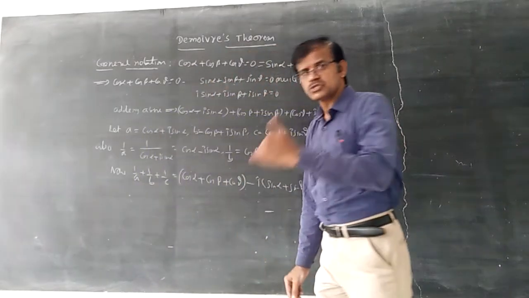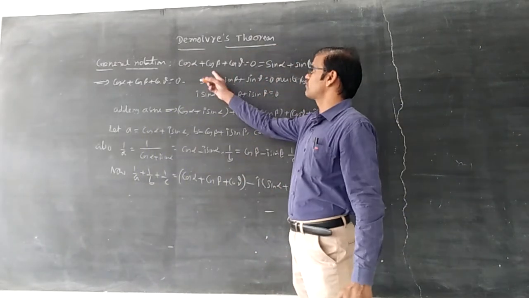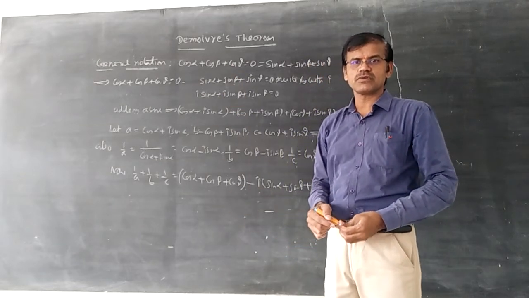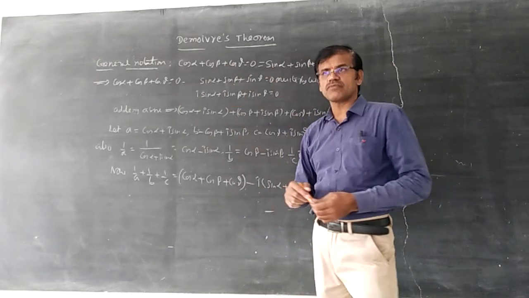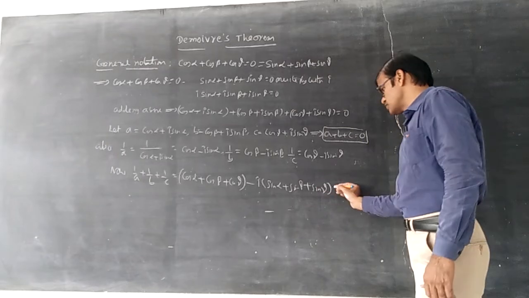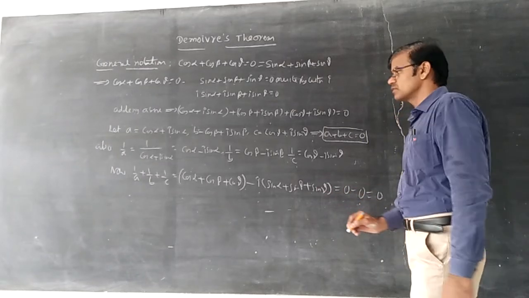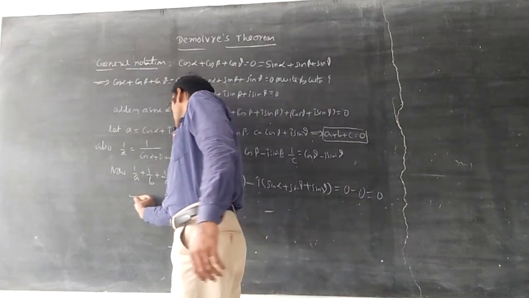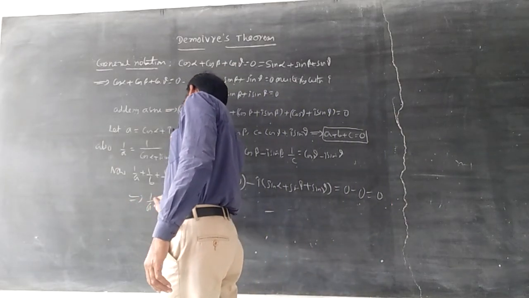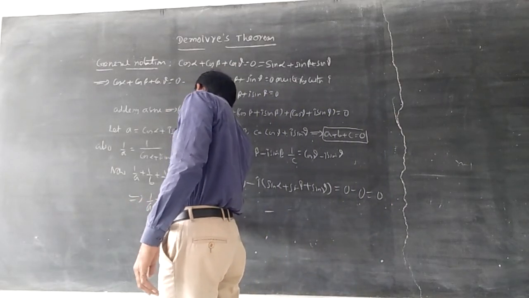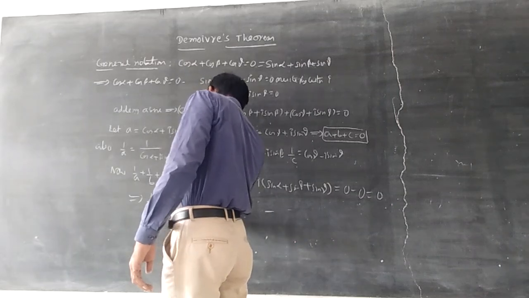By the general notation, cos alpha plus cos beta plus cos gamma equal to 0 and sin alpha plus sin beta plus sin gamma equal to 0, so it becomes 0 minus 0, which is 0. So 1 by a plus 1 by b plus 1 by c is also 0.